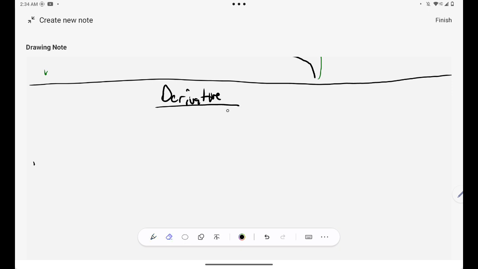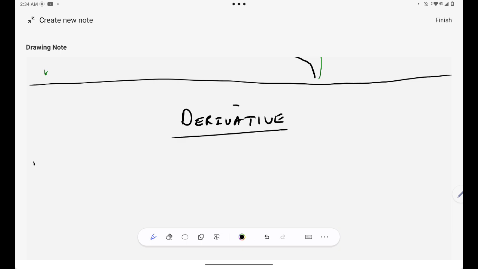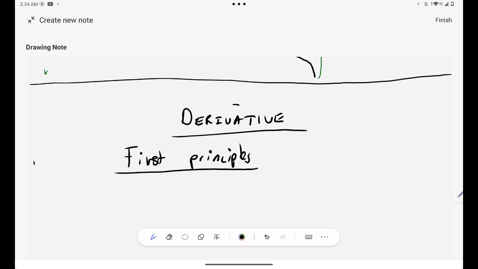Finding the derivative. One day I'll improve my handwriting, I promise. Finding the derivative by using first principles. It's so simple.